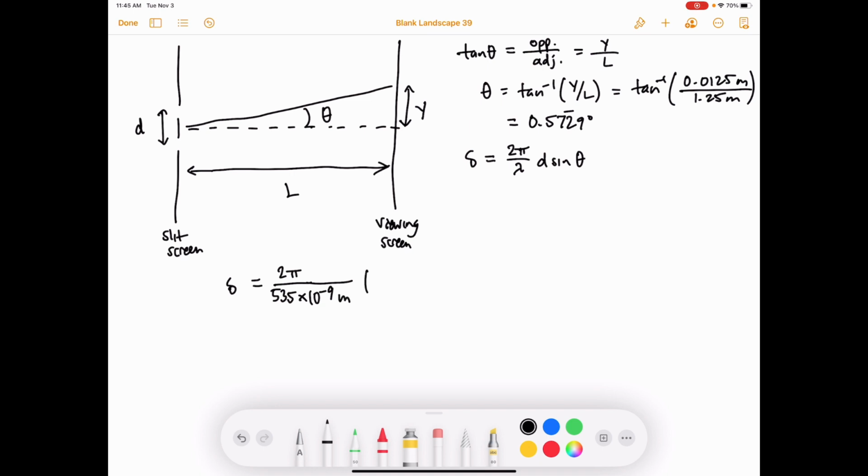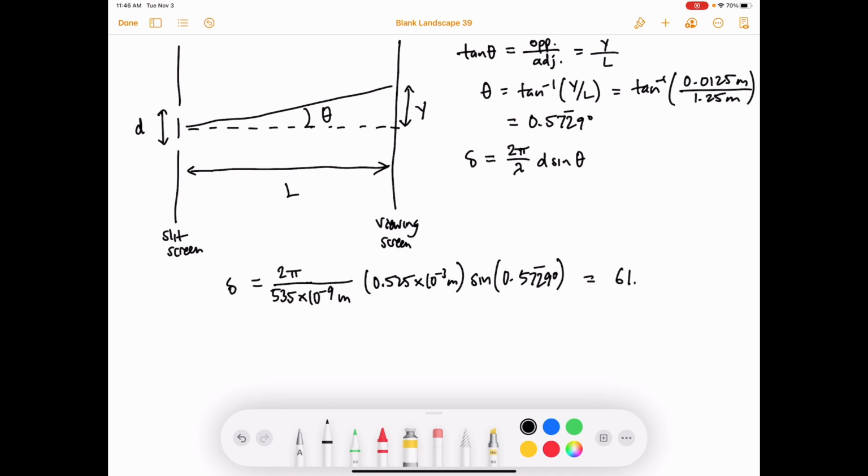And then we have d, which is 0.525 millimeters, or 0.525 times 10 to the minus 3 meters. And then we'll take sine of the angle we just found, which is 0.5729 degrees. Okay, so crunch those numbers, and here's what you get.